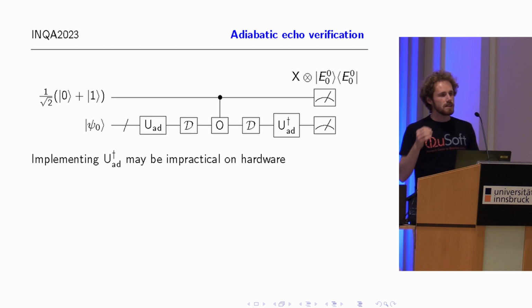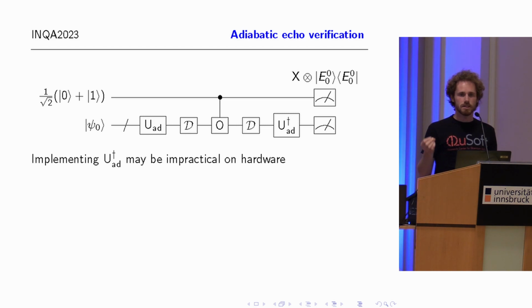And that means that the dephasing time that we need to sufficiently kill off these off-diagonal elements grows very slowly in the inverse error that we have in our adiabatic or quasi-adiabatic state.